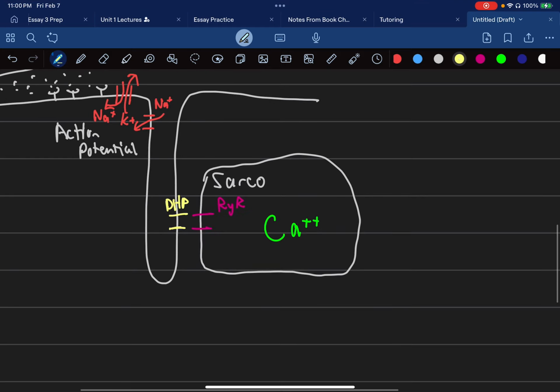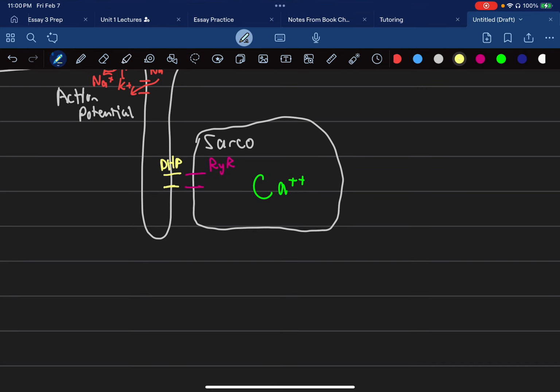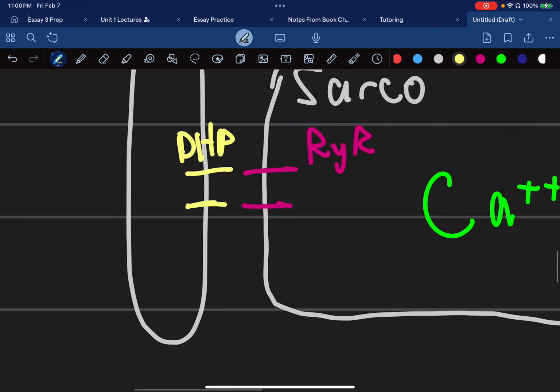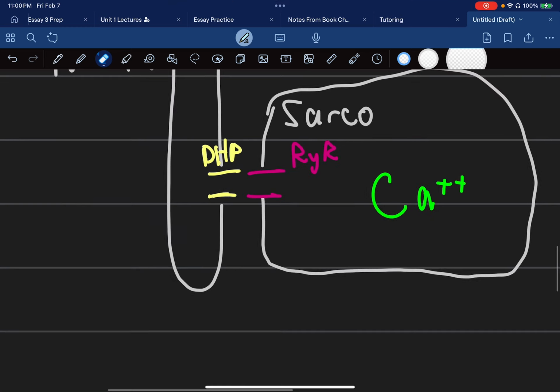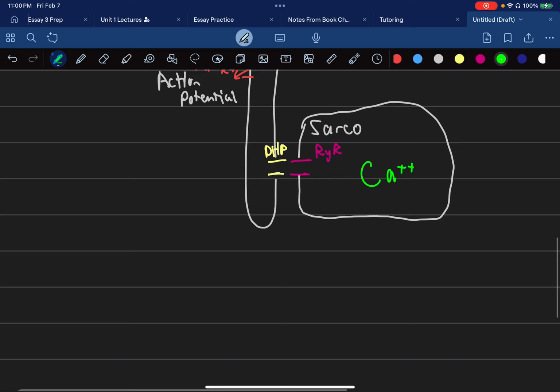So when an action potential happens, the RYR and DHP are going to both, sorry, let me zoom in here, are going to both be able to open. And when that happens, because there's such a low concentration of calcium in the ICF, and there's a high concentration of calcium in the ECF, it's high there, but it's low here, high here.